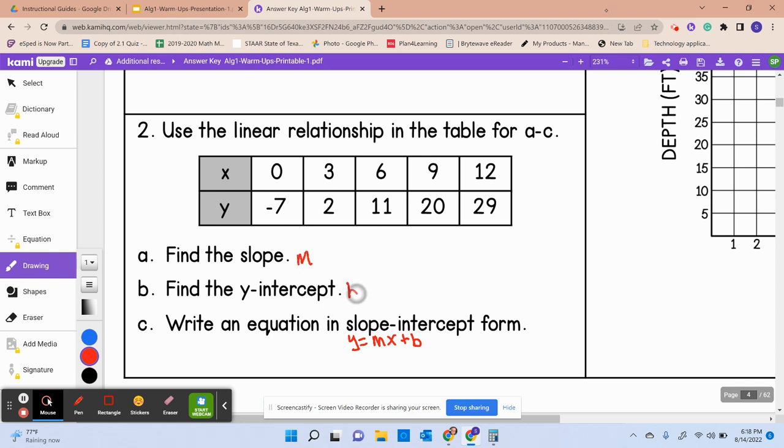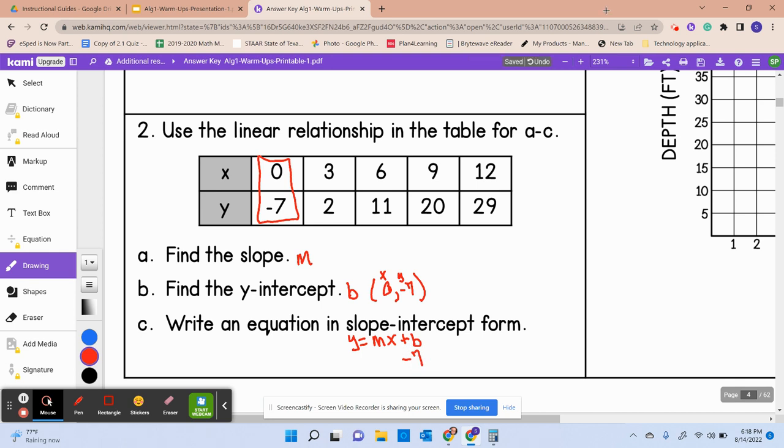The y-intercept is the b value, which we know as a coordinate point, 0, comma, where this is x and this is the y value. So I can see x is 0 right here and y is negative 7. So that lets me know the b value is negative 7, so minus 7.